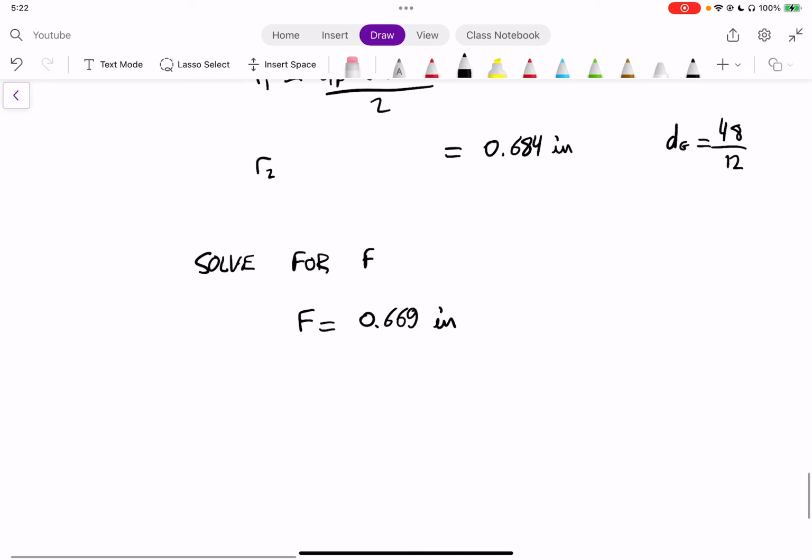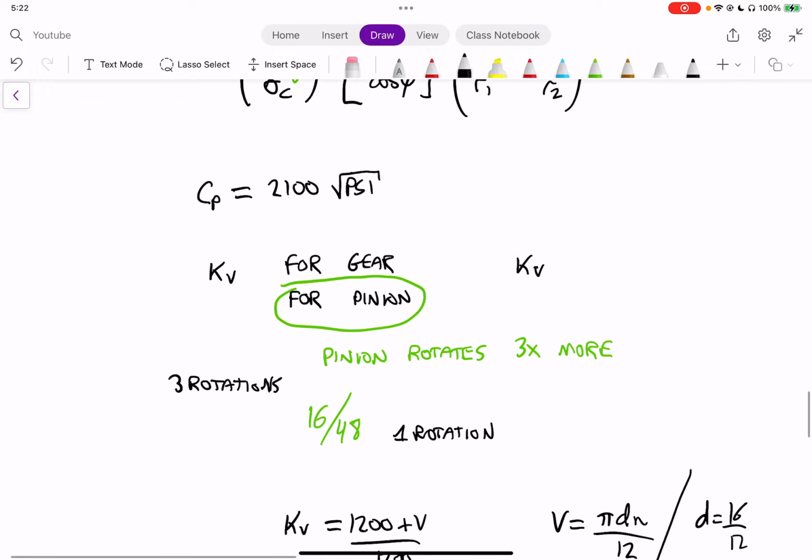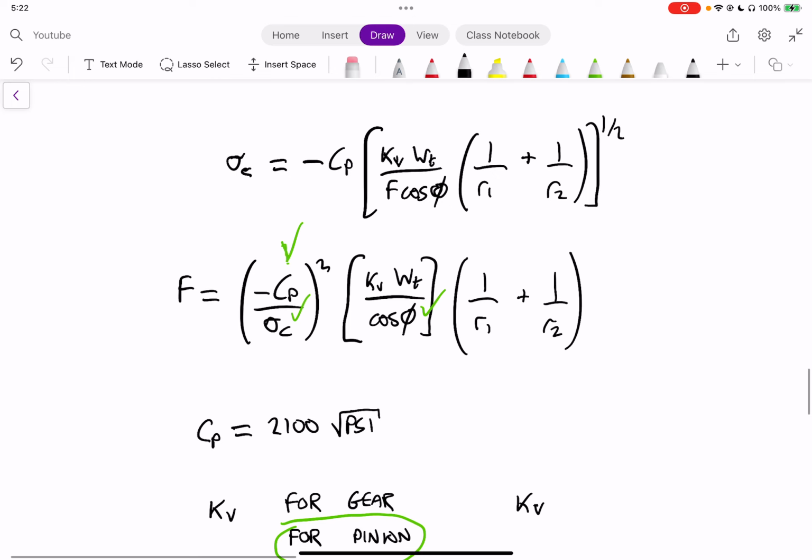And we know that if we were to plug in different face widths, we would get a different contact stress in the original equation. So if we wanted to test our theory, we could plug in our F into here, and we could plug in a greater F into there and hopefully get a contact stress that would be lower. Okay, so that's something that you can try.